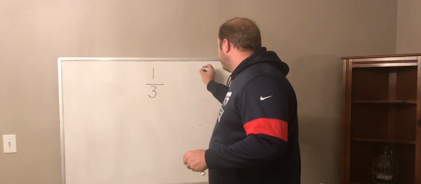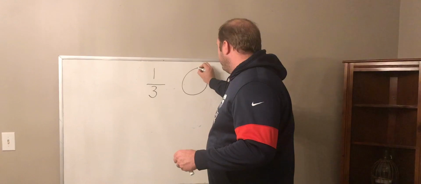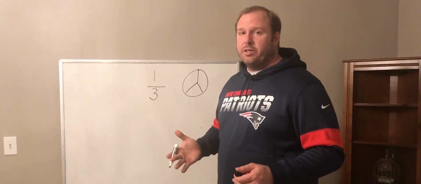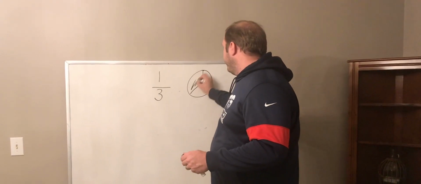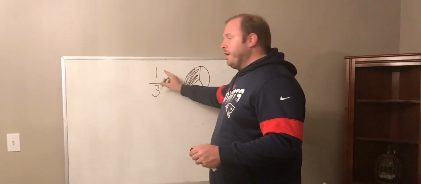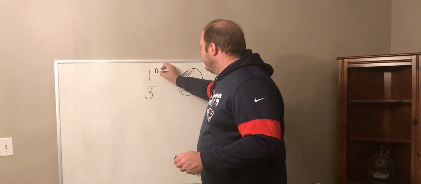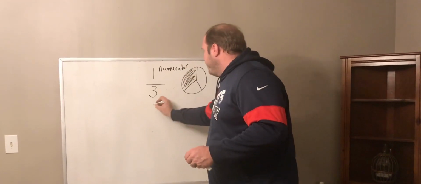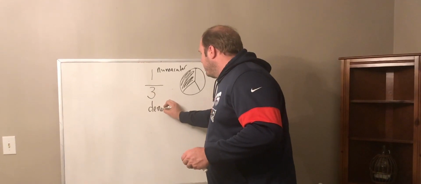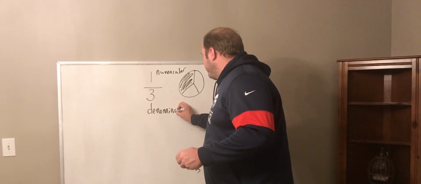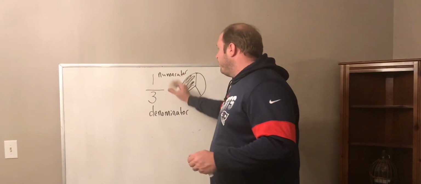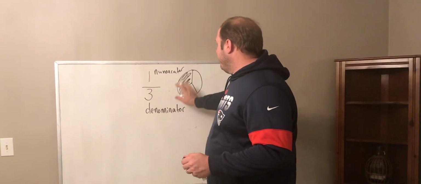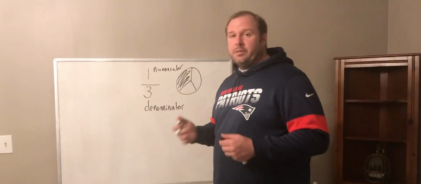For instance, in this circle, we have it divided into 3 equal parts, and one of those is shaded in. The number at the top is called your numerator, and the number at the bottom is called your denominator. That's important for us to remember, our numerator and our denominator. The number on top represents the part of the whole that is being shaded.